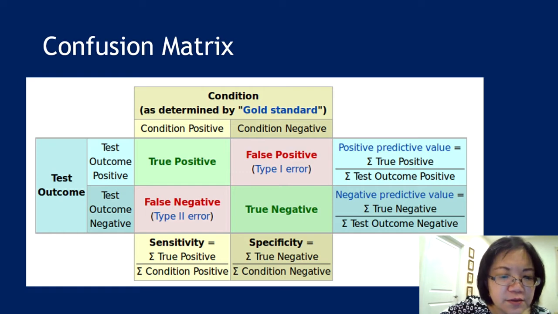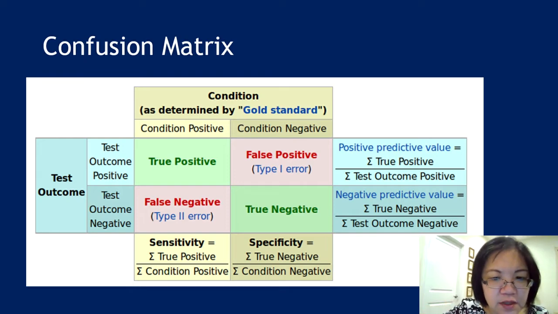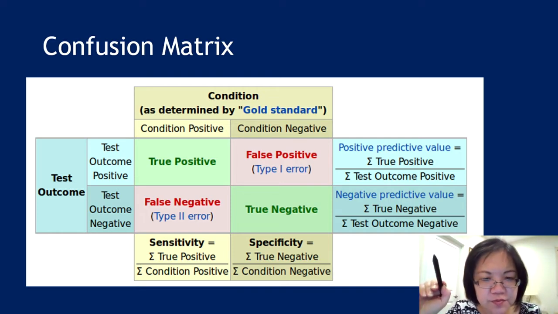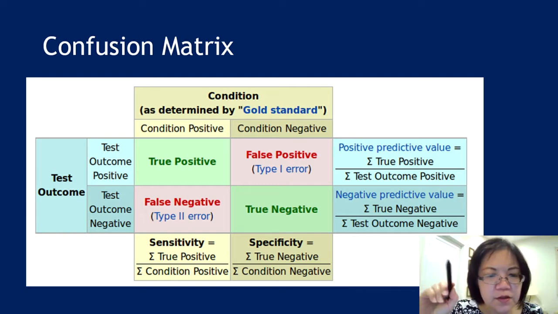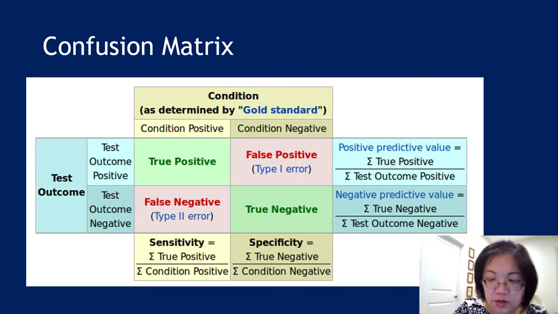Okay, so sensitivity is true positive divided by all the positives. Specificity is looking at the true negatives out of all the negative answers. Okay, so these are both measures of good performance.